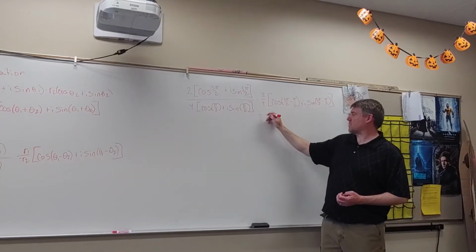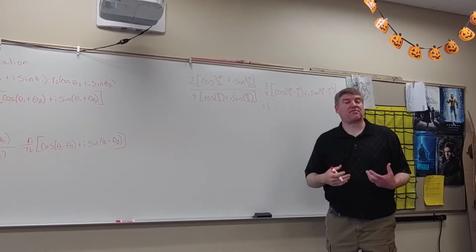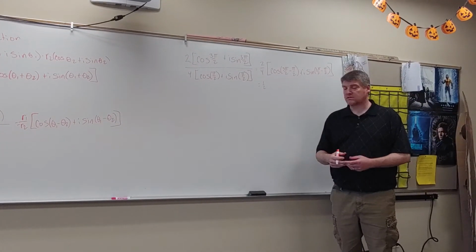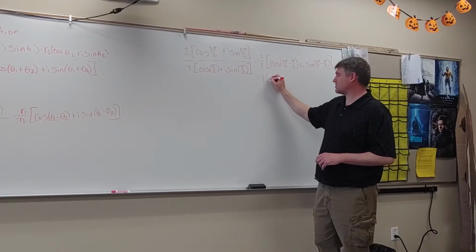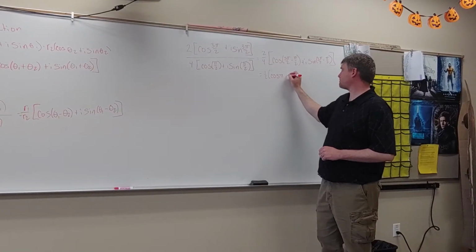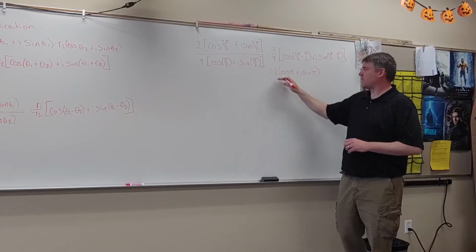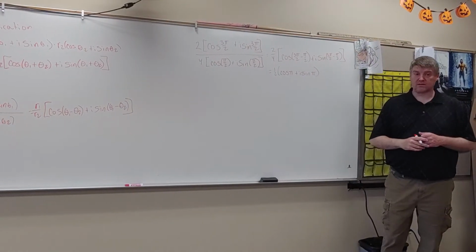Okay. This gives me 1/2. 3 pi halves minus pi halves is 2 pi halves, which is just pi. So this gives me cosine of pi plus i sine of pi. And there's my division.